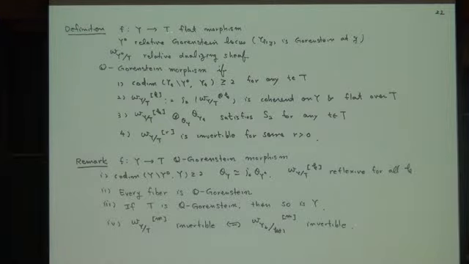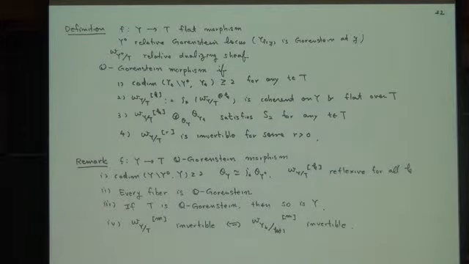If Y to T is a flat morphism and Y_0 is the relative Gorenstein locus, with this relative dualizing sheaf, then this is a Q-Gorenstein morphism if the codimension of the bad locus is greater than or equal to 2 for any of these fibers, and the push forward of the dualizing sheaf tensor powers on this nice locus is coherent on Y and flat over T, and each fiber of this relative dualizing sheaf tensor K satisfies S2, and this is also invertible for some r.